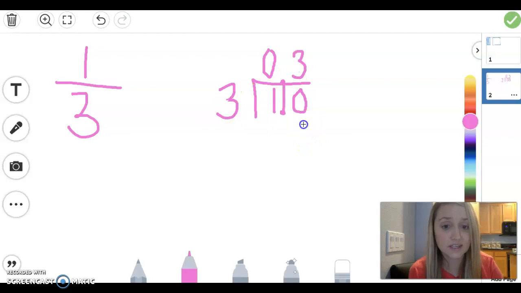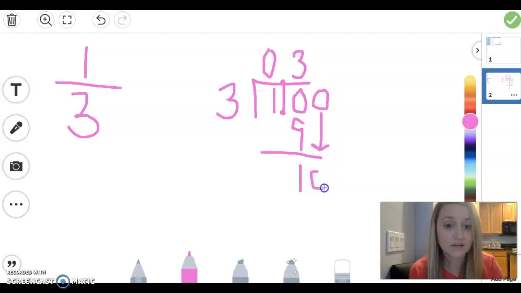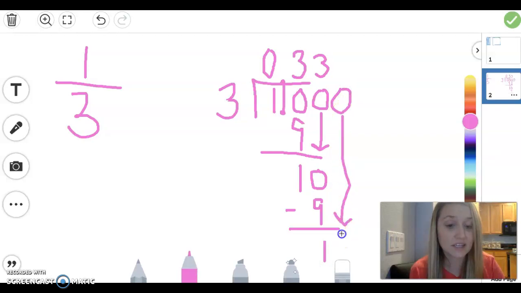So 3 can't go into 1, so we're going to put our 0 here, add our 0. 3 goes into 10 3 times. 3 times 3 is 9. Bring down our 0. 3 goes into 10 3 times. And this one is one of those where it just kind of goes on and on. So when you have ones like this, we usually just stop.